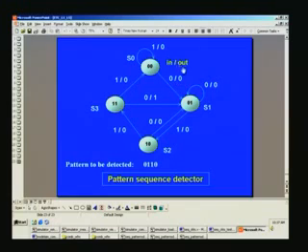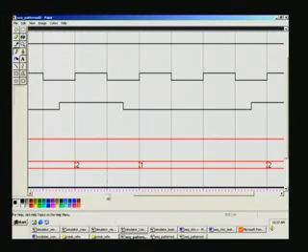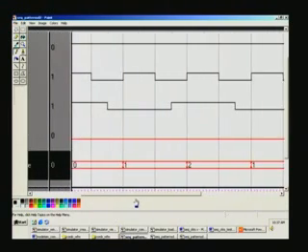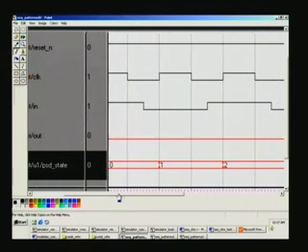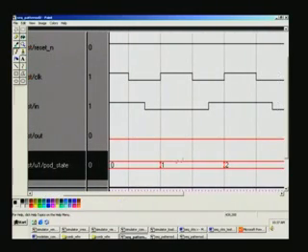What is indicated as out in the waveform is precisely this, and in is this. So we continue to be here in the S1 state. It's already in S1 state here.